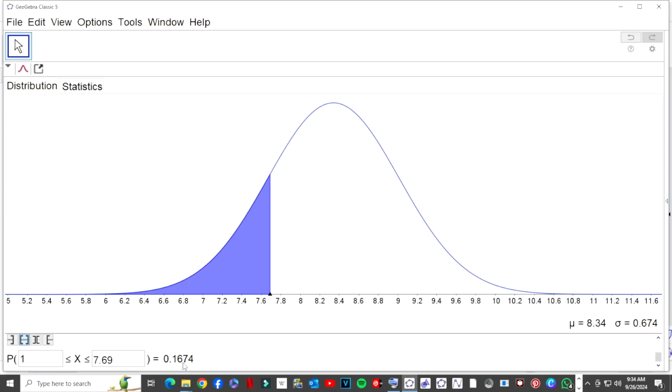Rounded off, it is 0.17, which is close to the 17.5% that we are told. So the part of the curve defined by the shaded part here defines the area that is talked about.